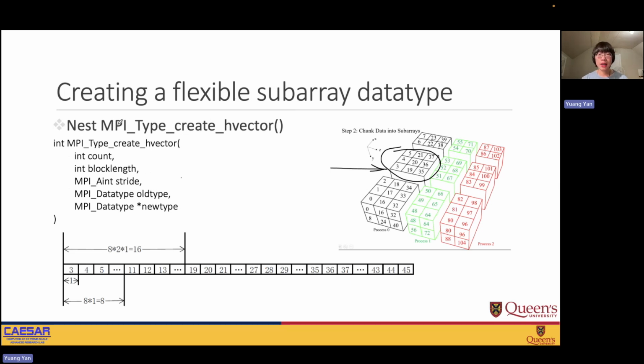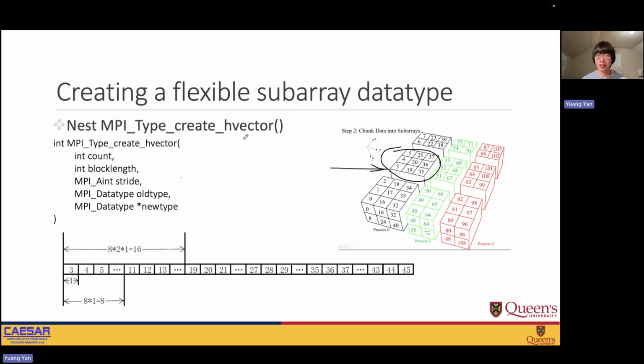Now we are going to introduce how we create a flexible subarray data type that accepts more flexible data storage orders. The essential idea is that the subarray can be conceived as multiple layers of the H vector, a vector constructor.